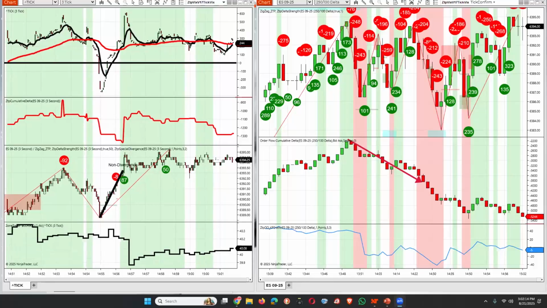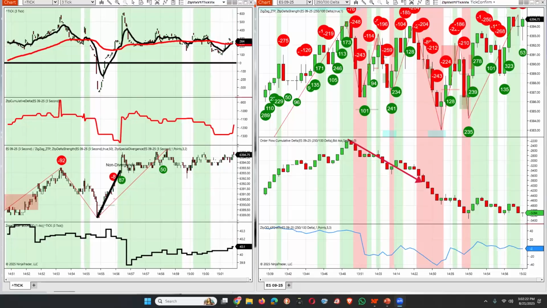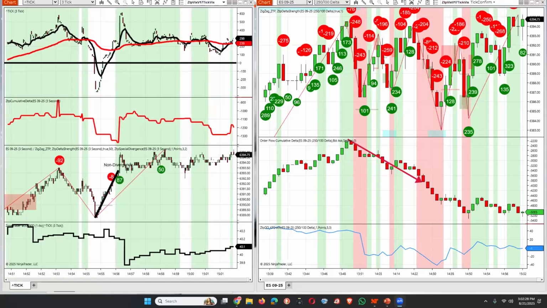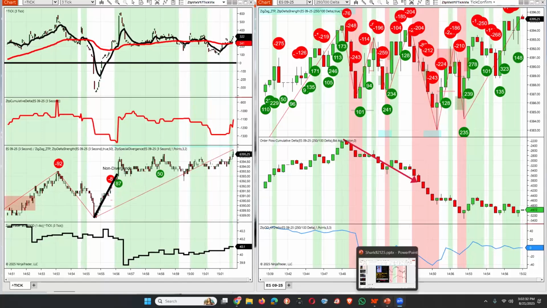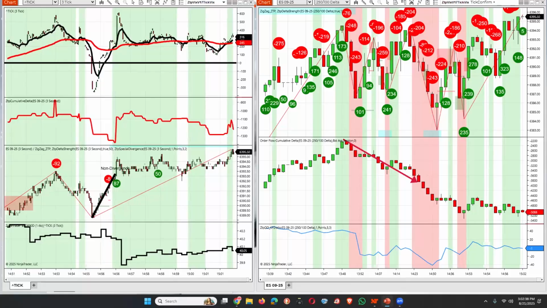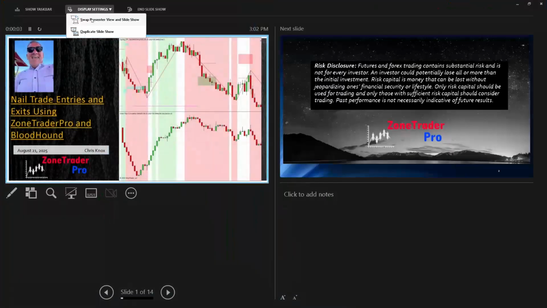And then we're going to come back to these live charts and understand them. I realize we're seeing a lot of data in front of us right now, probably things that you don't understand, but I like to keep it simple where I have everything in front of me on a minimal number of screens. And that's kind of how I do this. So with that, I'm going to go ahead and start the PowerPoint.